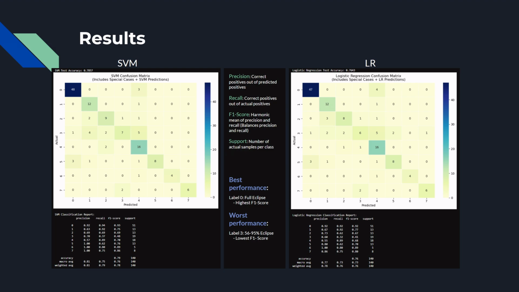And then the worst performer was label 3, which was 56 to 95% eclipse, which had the lowest F1 score. The reason I chose to focus on the F1 score for the best and worst performer is, like I said earlier, it combines both the precision and the recall, so it takes more into account.